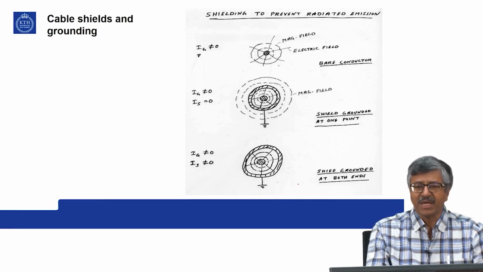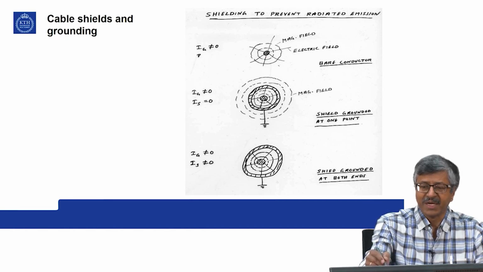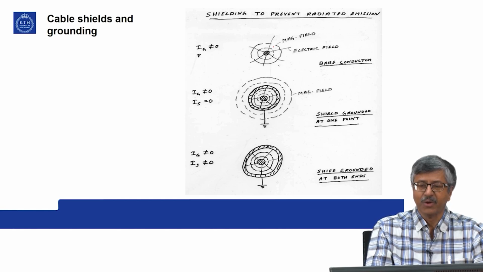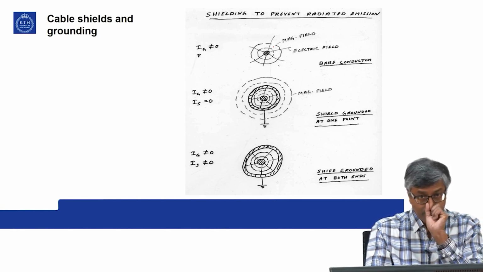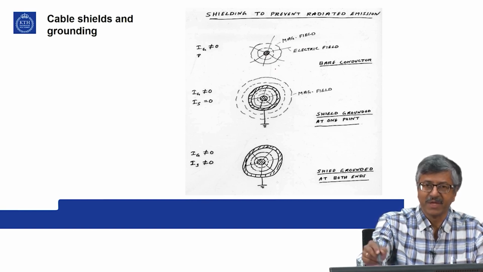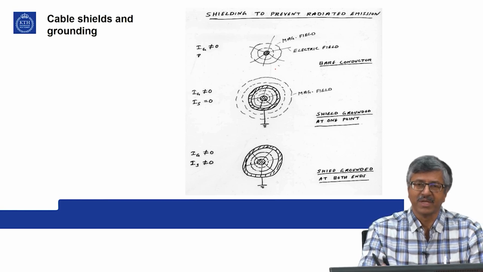Cable shields and grounding. Often a cable shield can be used to prevent radiated emission from the signal wires. So, if you have a receptor conductor inside and a shield outside, and if there are no shield currents, then you have electric field and magnetic field penetrating outside the cable shield, because there is no current on the cable shield.